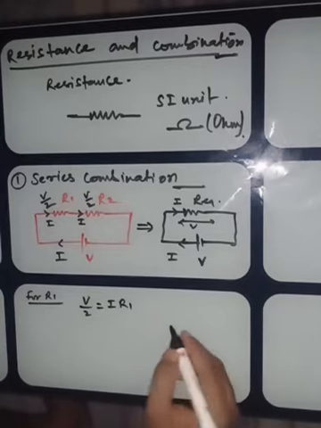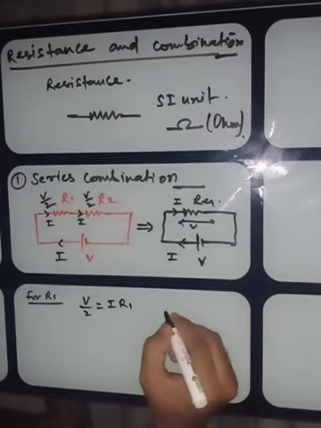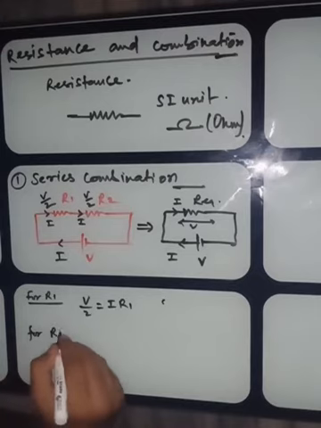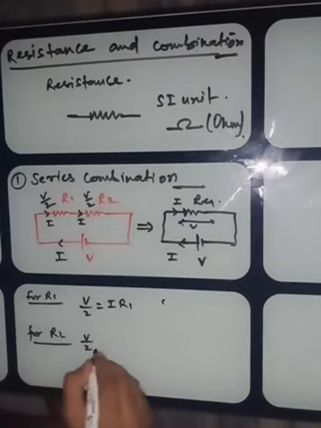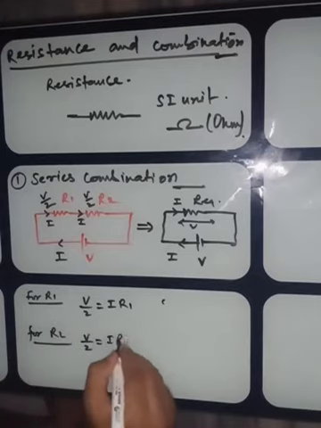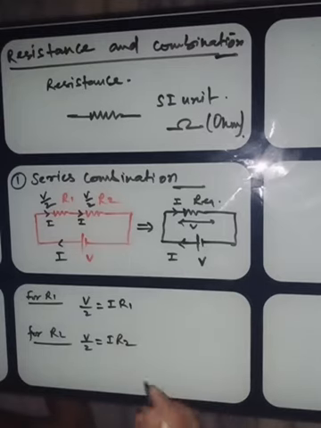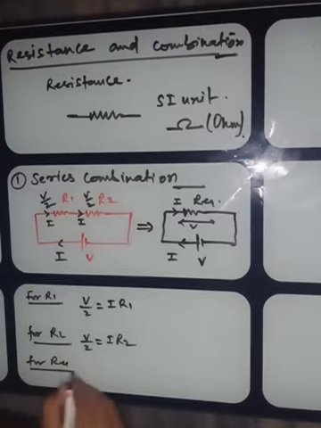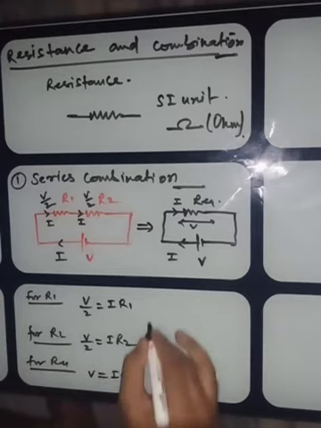And for R2 you can write again V by 2 is equal to I R2, am I right? And for this R equivalent, you can write V is equal to I R equivalent.